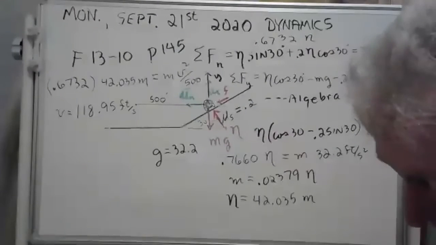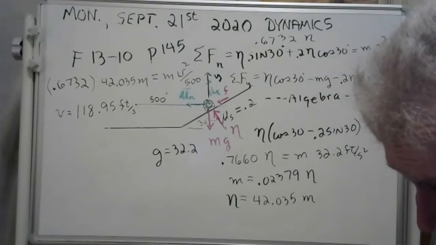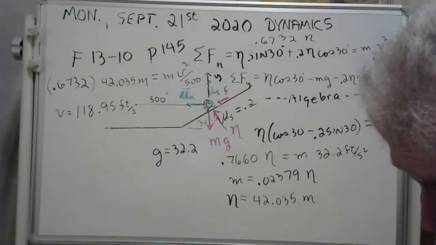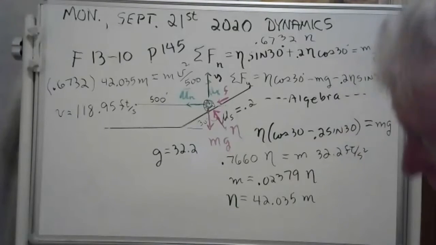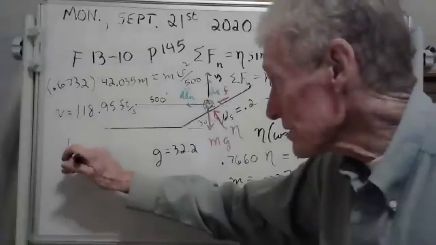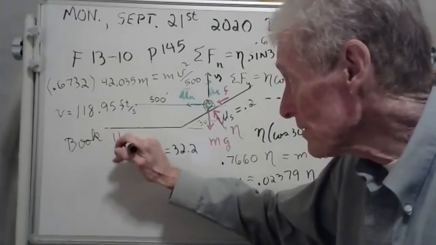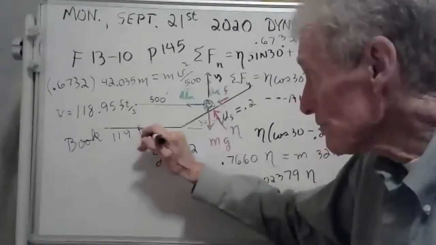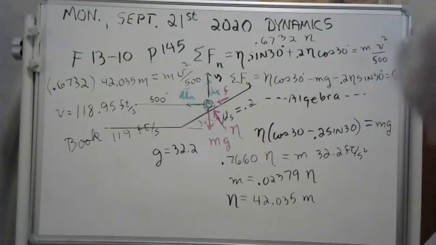Help me find F1310 in the back. And this says 119. The book says 119 feet per second. They just rounded off. We're happy. We were able to do that.